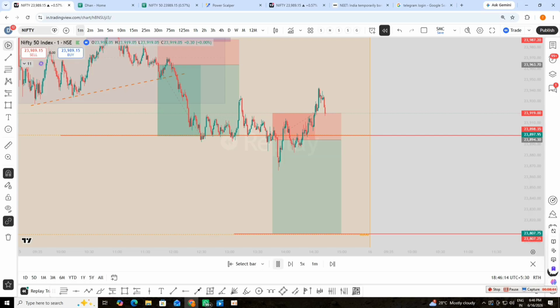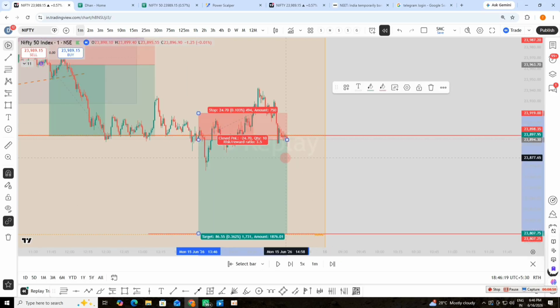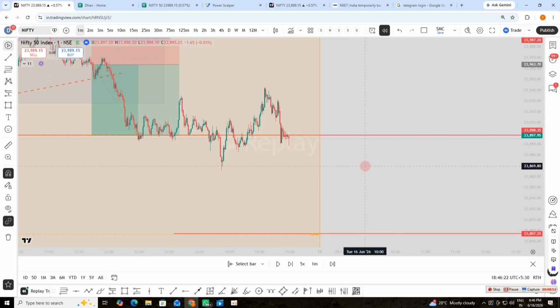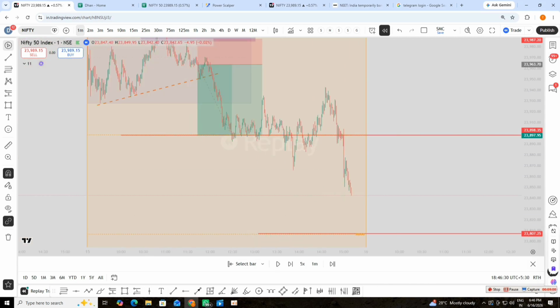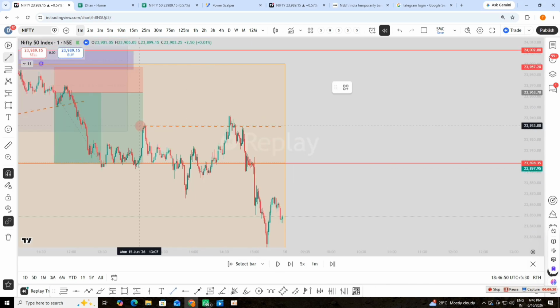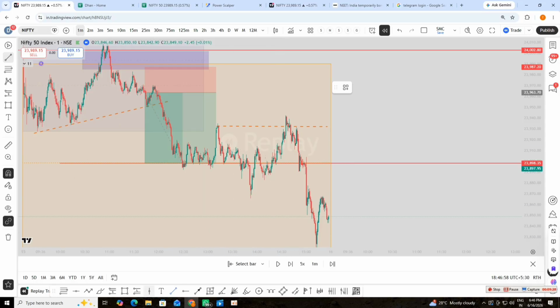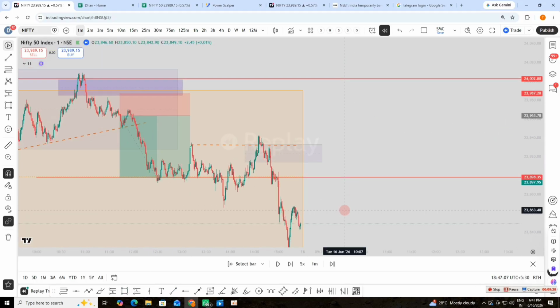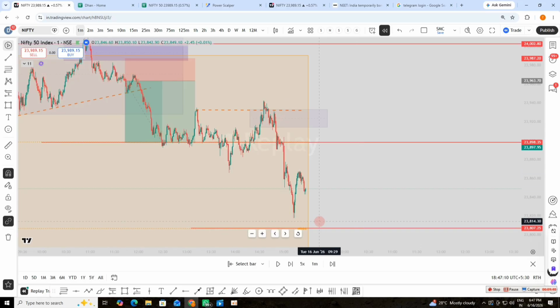But here stop loss is hit. Next, see what happens. After sweeping this liquidity, the price inversed here and sharply fell, almost reaching the midpoint of the gap.